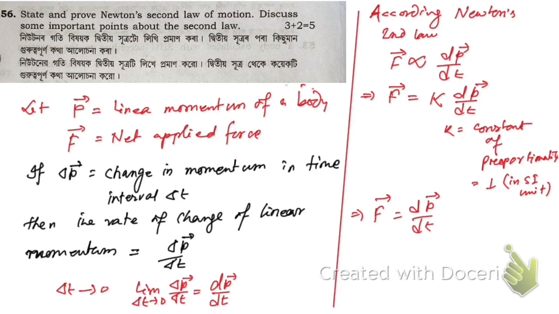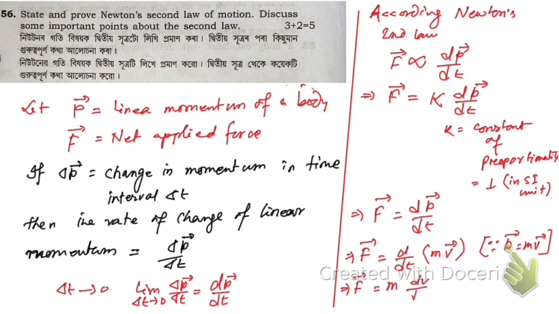And we know momentum P is equal to mass into velocity, so F is equal to, since mass is constant, taken out of the derivative, m times dV by dt. The rate of change of velocity is nothing but acceleration. So from here we get F is equal to m times acceleration A, right? So this is the second law of motion, right?